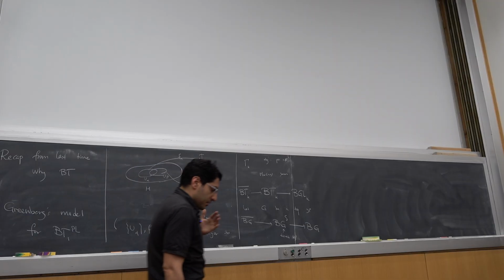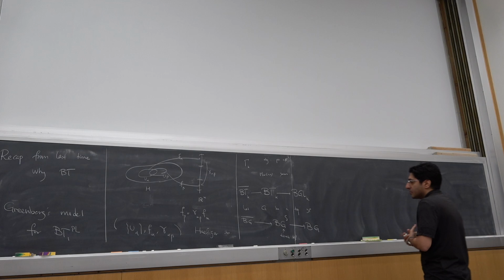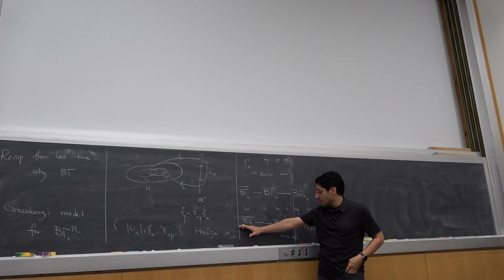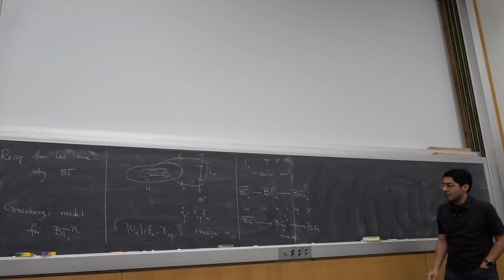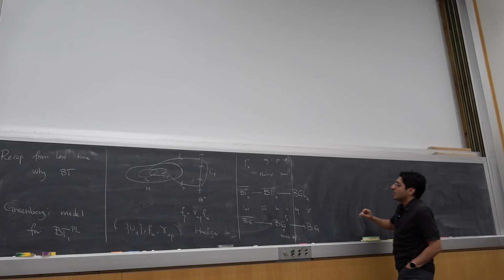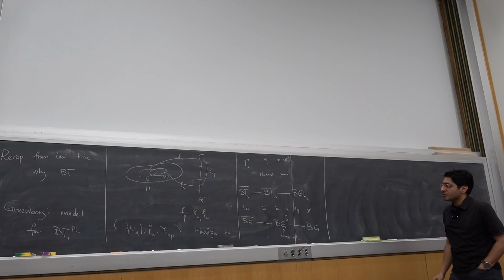And the content of Mather-Thurston was that one could relate this object to B Gamma_k bar. So let me recall some results in this direction.